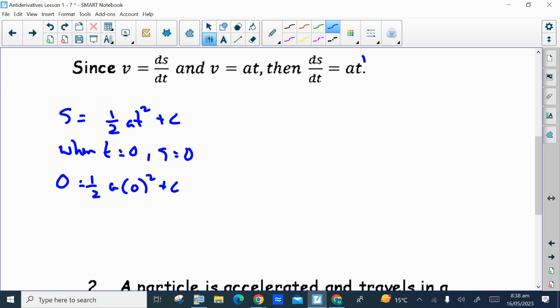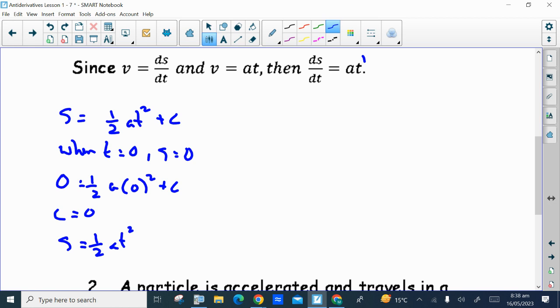And so c will equal 0, because 0 squared is 0, times a is 0, times 1/2 is still 0. So you've got c equaling 0. And so now we can say that s equals 1/2 at squared.